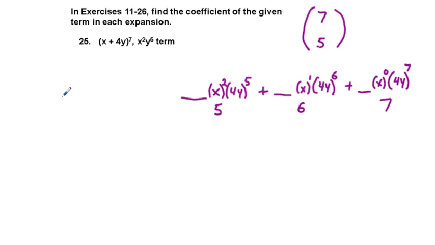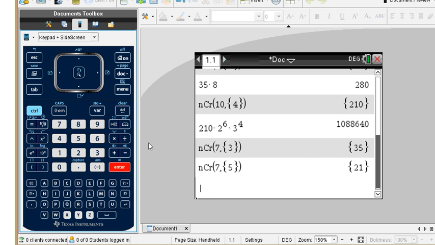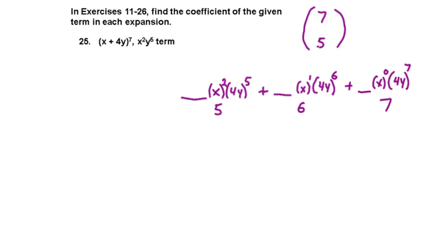Now if we'd started with 1 at the very first term, this last term is our 8th term. But we need to fill in this blank here. To do that, we're going to do 7 choose 5. So go to menu, 5, 3, and 7, comma, and we get our bracket 5. We get 21. So I'm going to fill in 21 here.